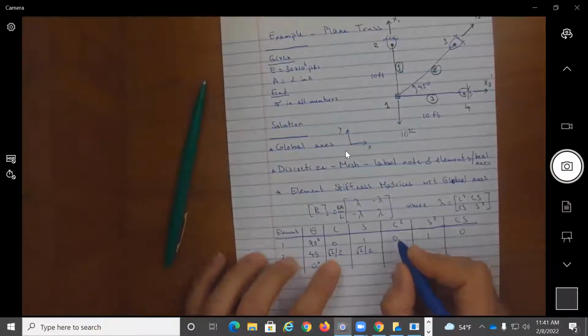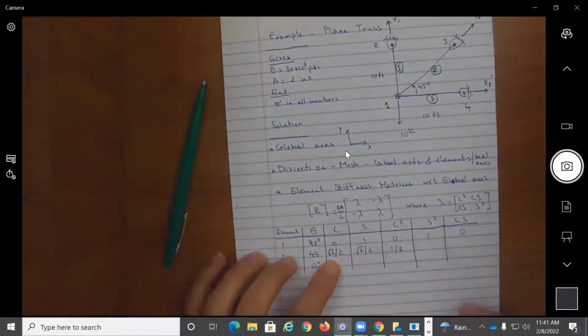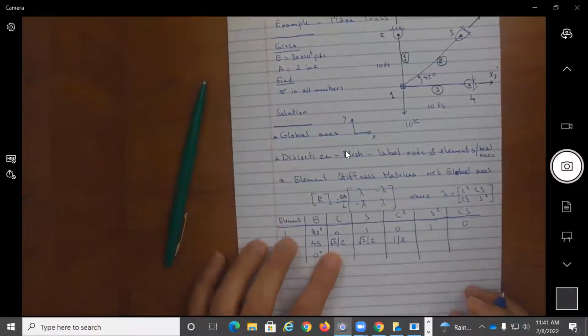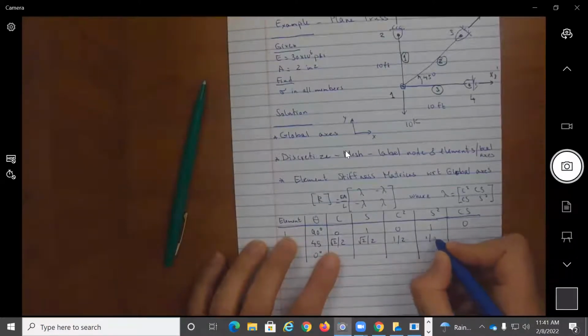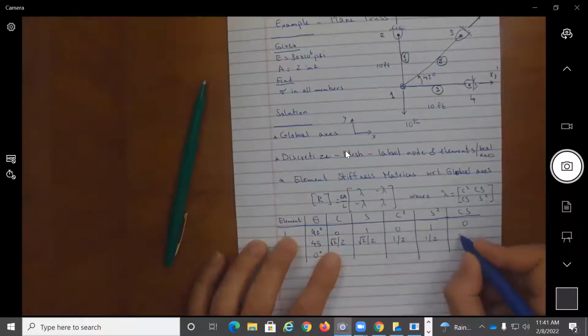Cosine squared would be 1/2, and the sine squared will be 1/2. Cosine sine would be 1/2.